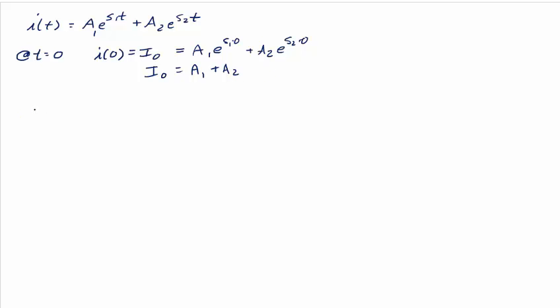And for our other one, we're going to take di/dt. We know what i of t is, it's right here. We take di/dt of it, but we're going to set it equal to what we determined that to be.